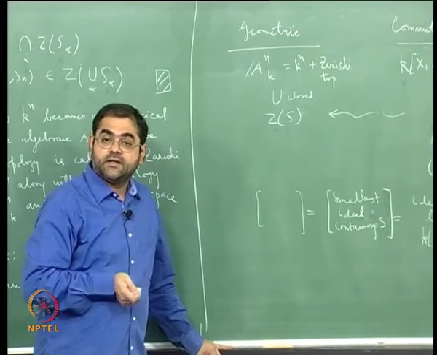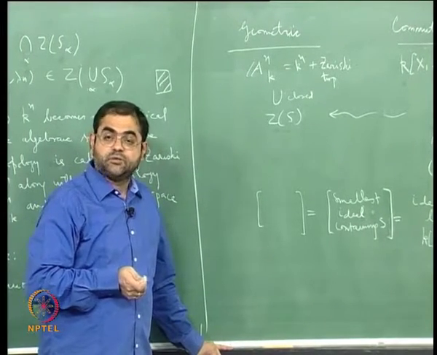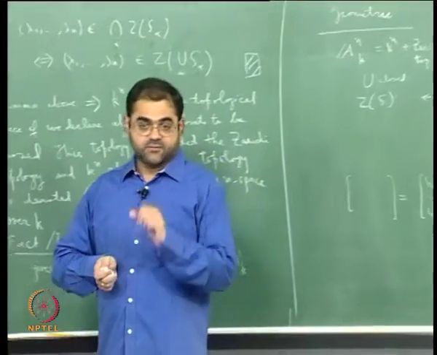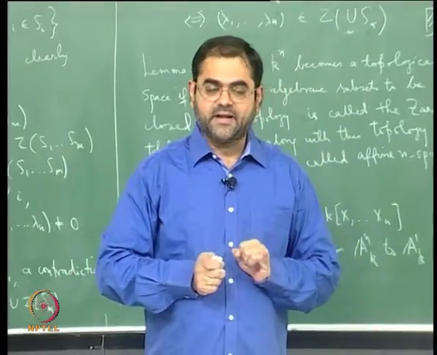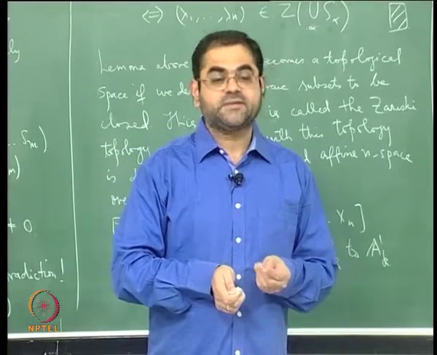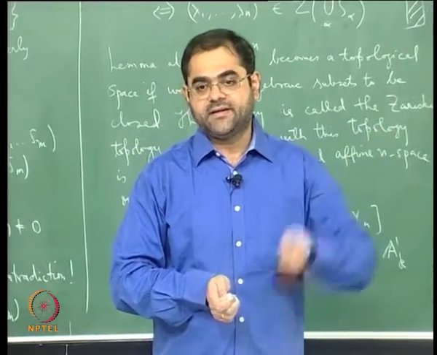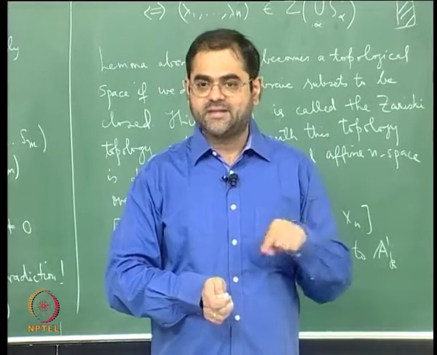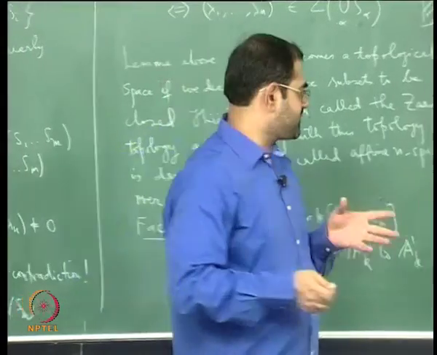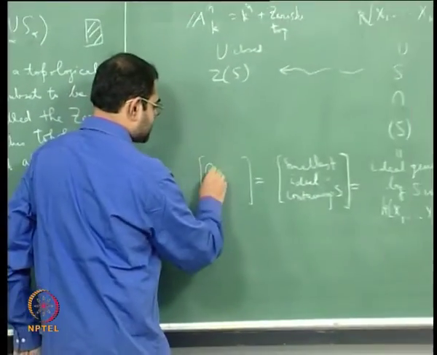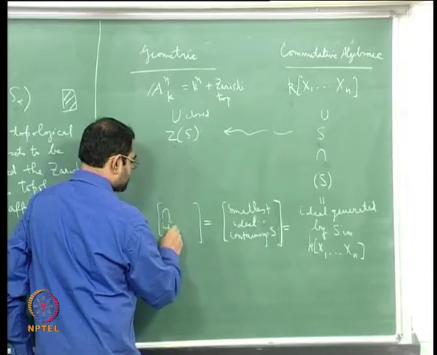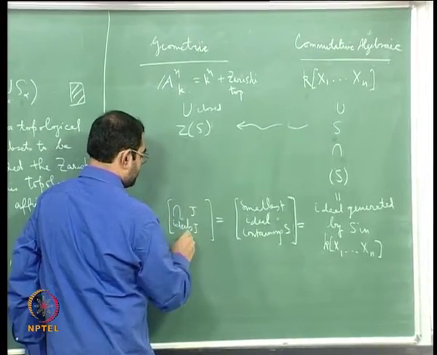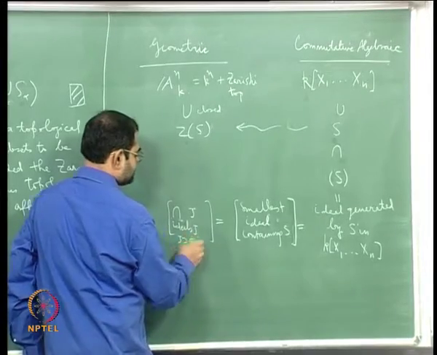First of all it has to be an ideal which contains S, and it should be smallest among these, which means that if there is any other ideal which contains S, that should contain this as well, which tells you that this is the intersection of all the ideals which contain S. So there is another way of stating this set theoretically: this is the intersection of all ideals J, where J contains S.